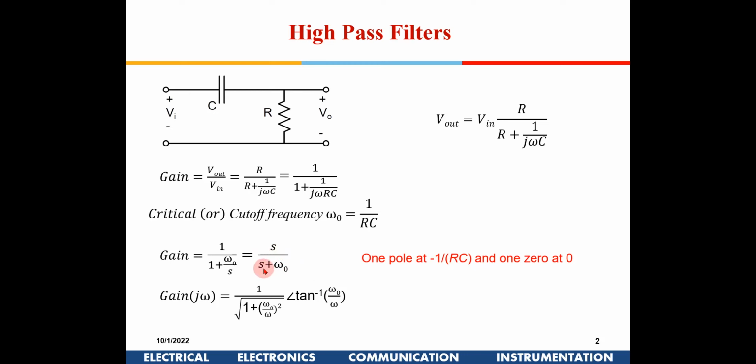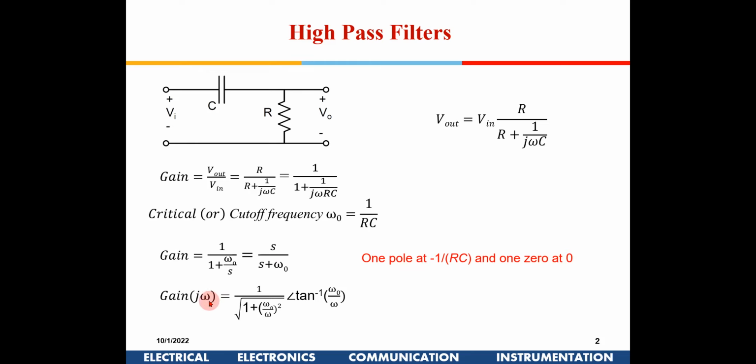That means when s is equal to minus 1 by RC, the denominator becomes 0. It has a zero at 0. That means when s is equal to 0, the entire expression goes to 0. So that's why we say it has a pole at 1 by RC and a zero at 0.